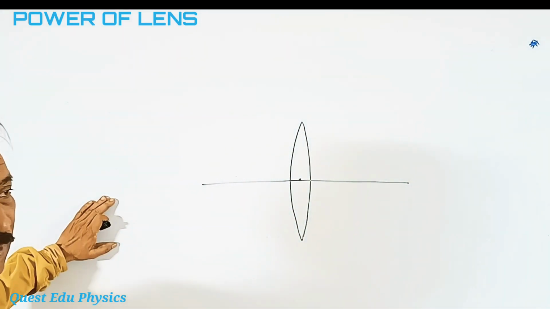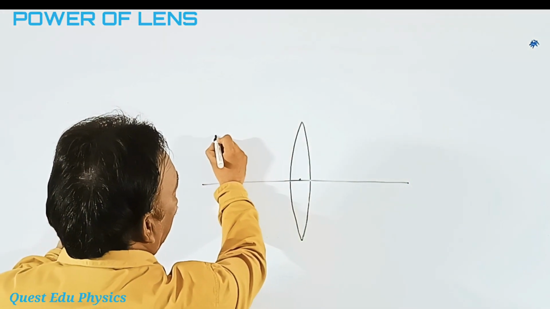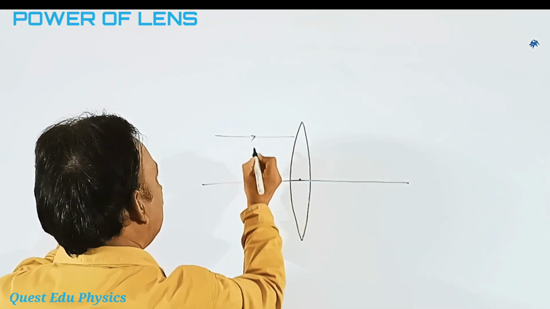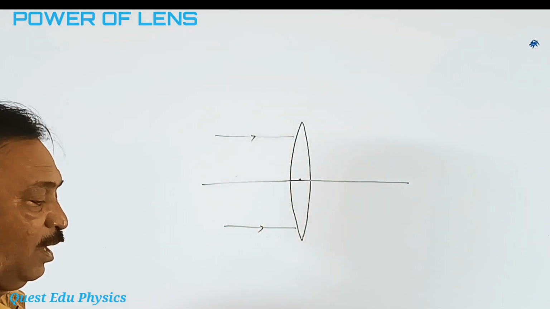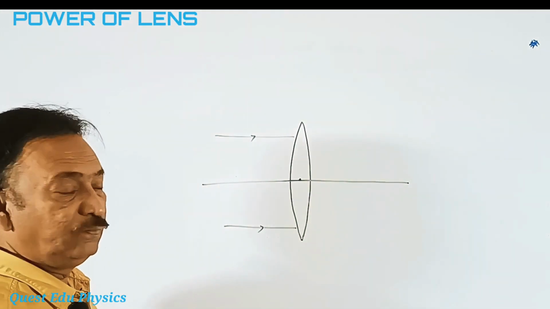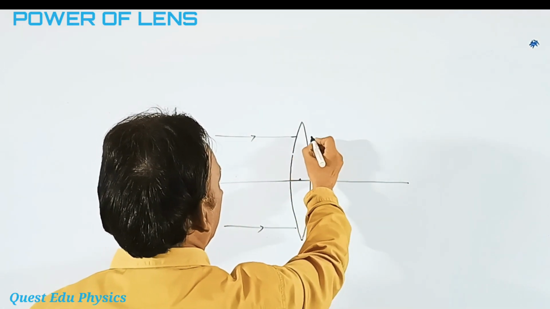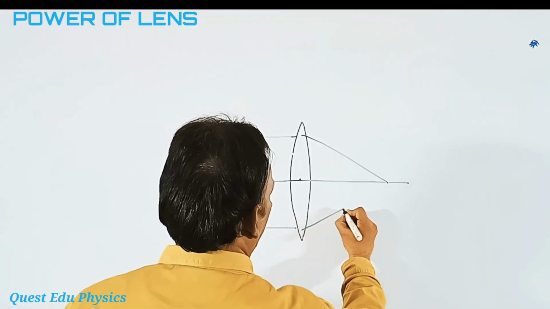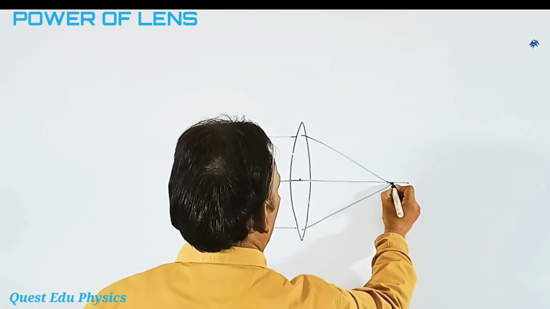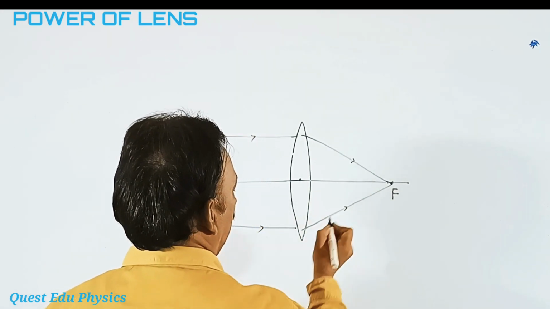Okay students, we are taking a thin convex lens. Here the rays are coming from a distant object and incident on it. After this, they get refracted and they meet at a particular point, and we call it the focus, students.